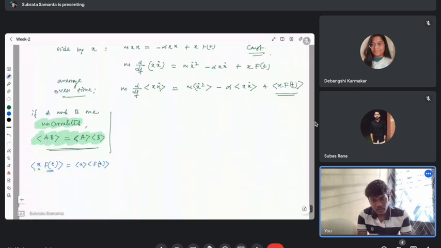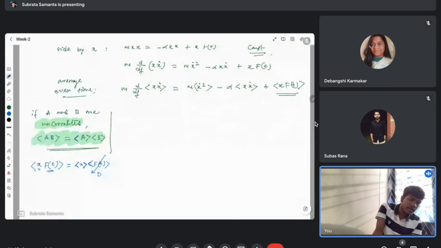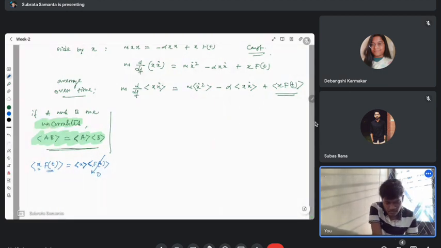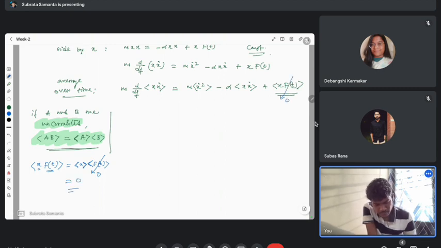And we know that the average of f(t) is 0, since it is a random force, so this quantity vanishes.